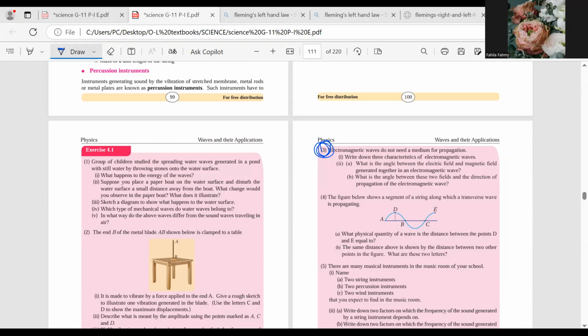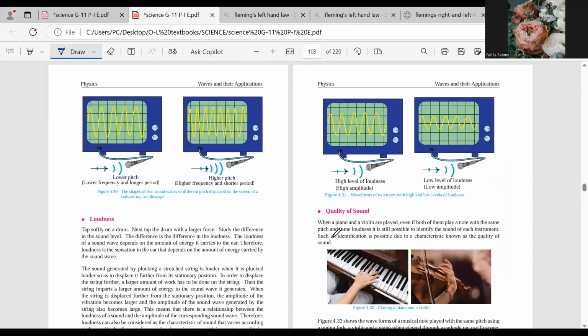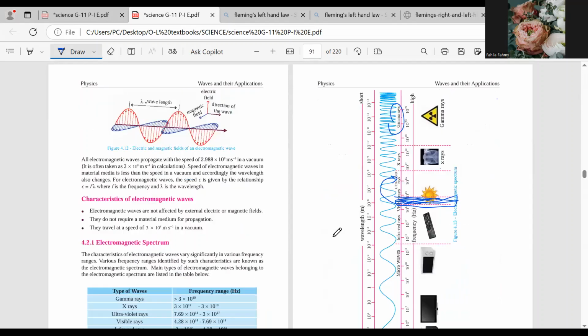What did you write? Now, the two points that you have written actually mean the same thing, no? Does not need a medium, can travel through space. Isn't it the same thing in opposite terms? So here, characteristics of electromagnetic waves.